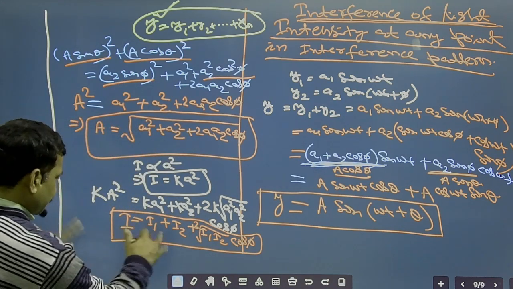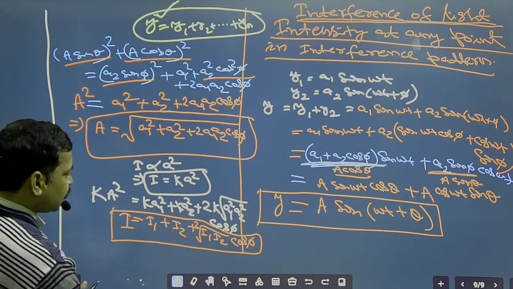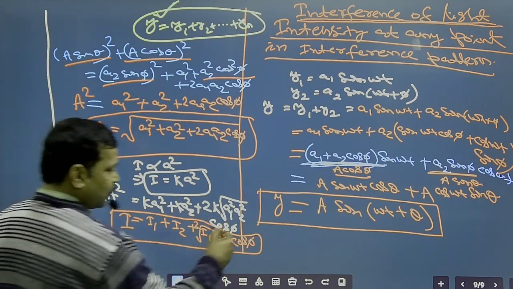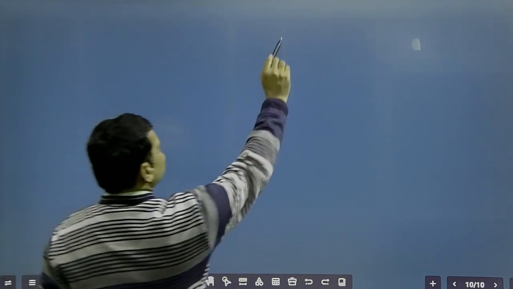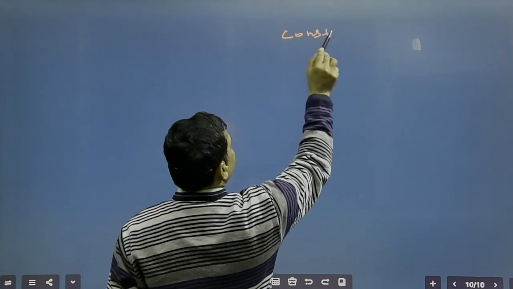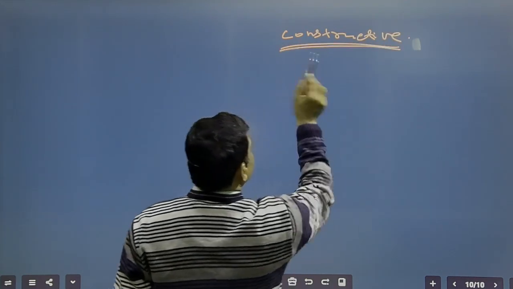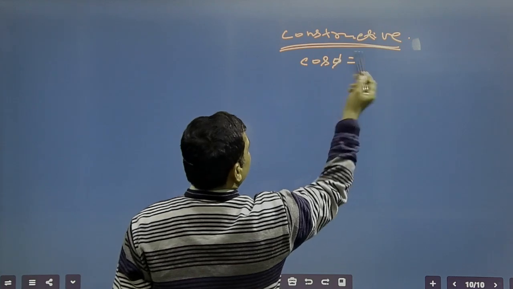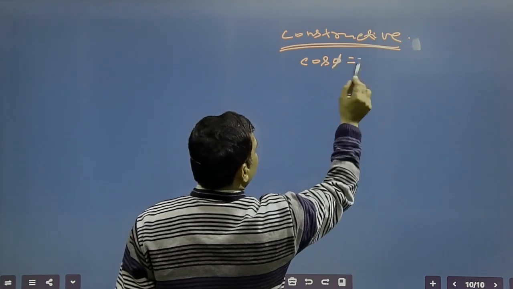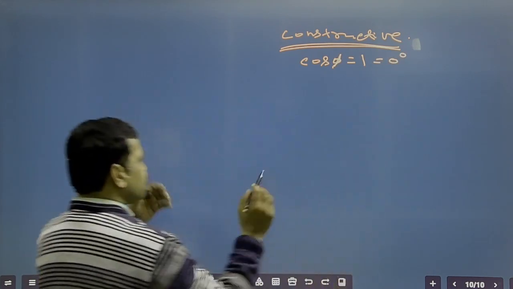So I think now this is clear to you all. From this we can solve whatever questions are asked in your exam. Now we'll discuss different conditions. Suppose we are doing constructive interference. What is the condition for this? We should get cos phi maximum. The maximum value is 1, that is cos 0 degree.